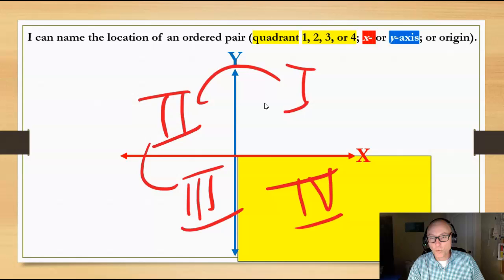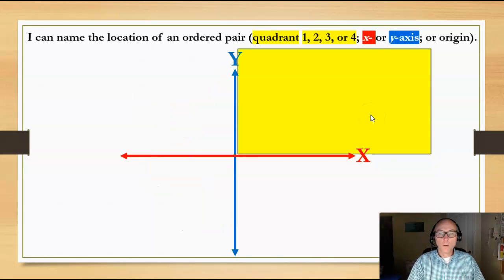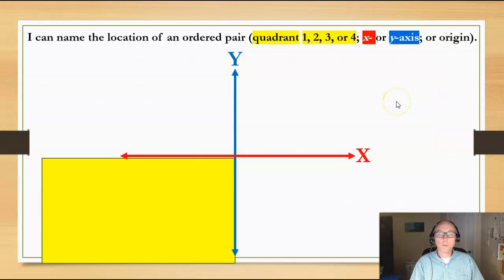That's how you make the Roman numeral 4, because that's 5, and if you put the 1 over here, minus 1, that means 4. Anyway, this is quadrant 4. And quadrant 1. Quadrant 1, 2, 3, 4. Counterclockwise.